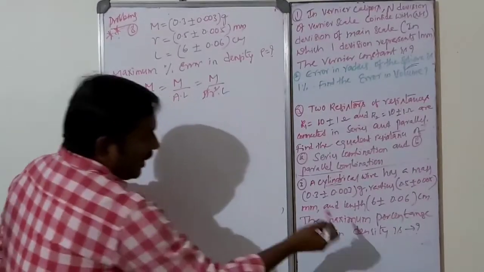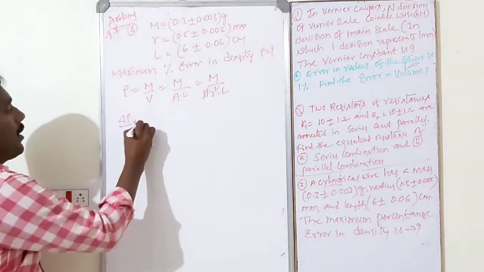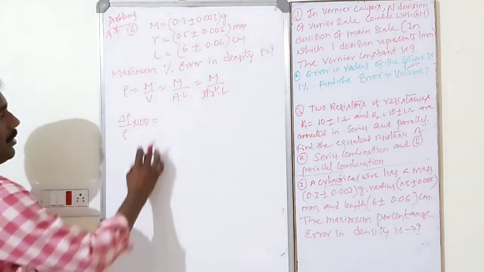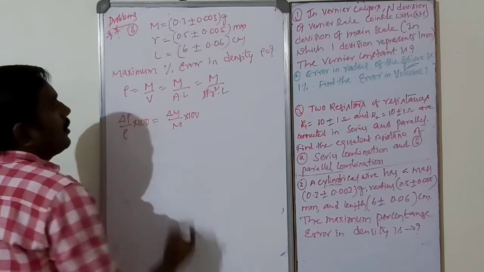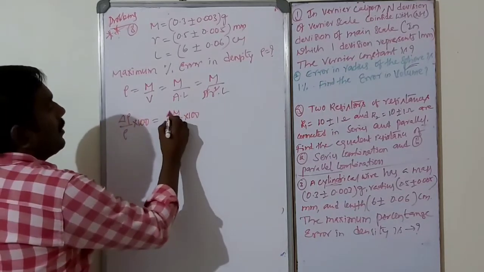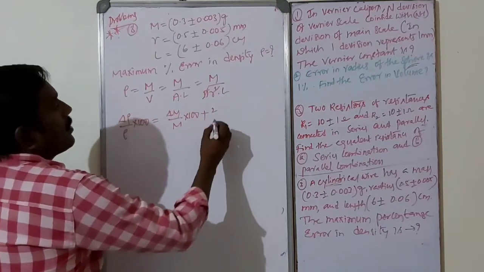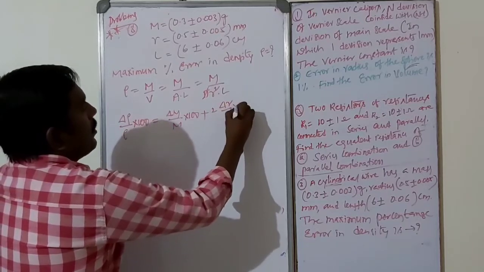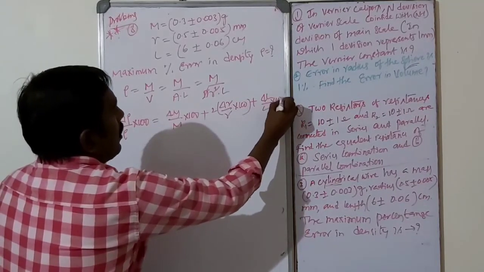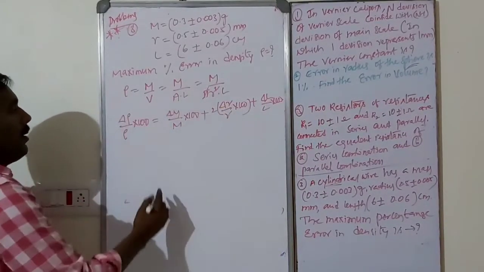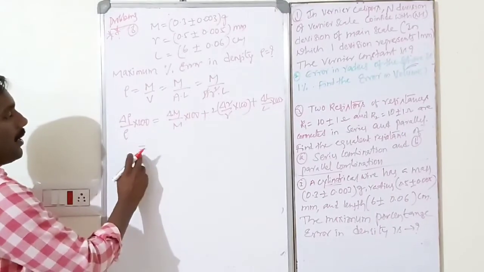So the maximum percentage error in density is delta rho by rho into 100, which is equal to delta m by m into 100, plus 2 delta r by r into 100, plus delta L by L into 100. Okay students, this is the main formula for the maximum percentage error.